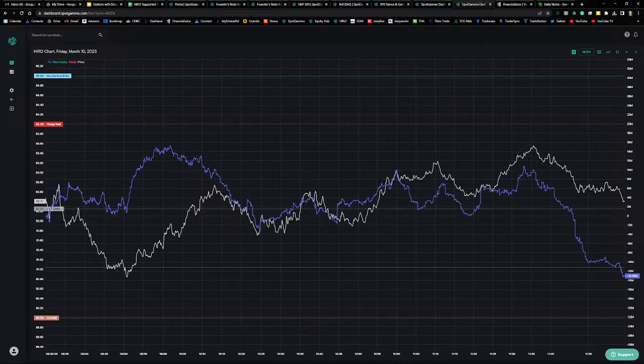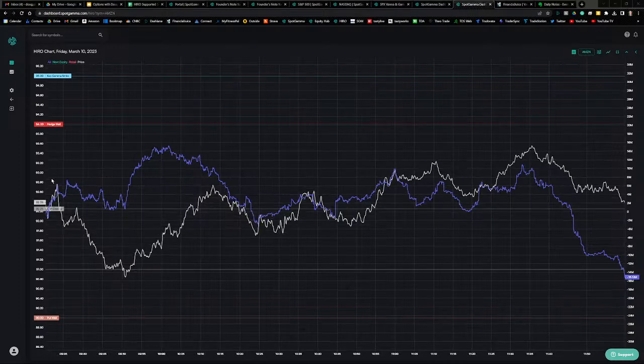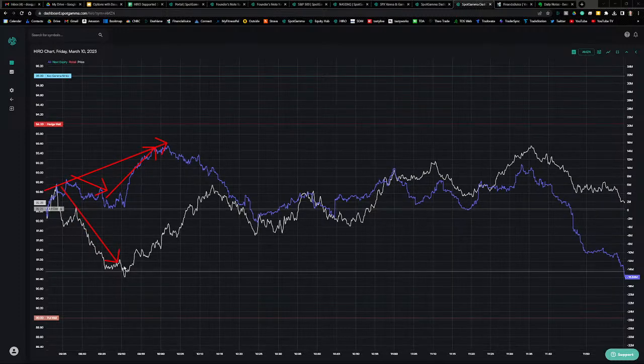I saw this as a divergence long. There was a slight dip in Hero, starts to move higher, but overall making higher highs. Price moves down, a more shallow dip in Hero, and then price moves up.